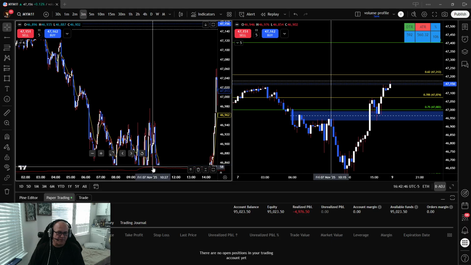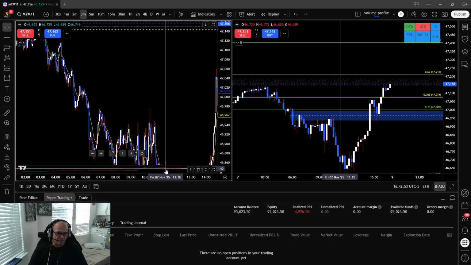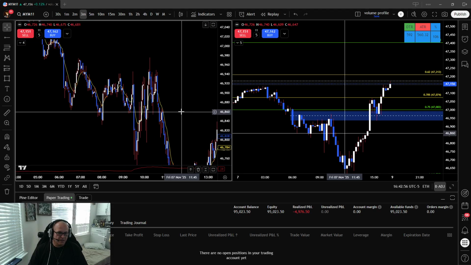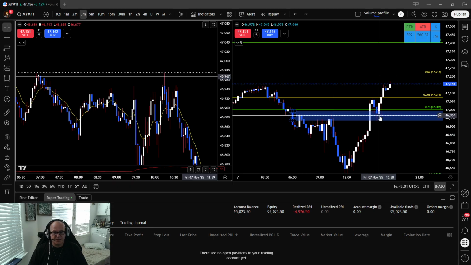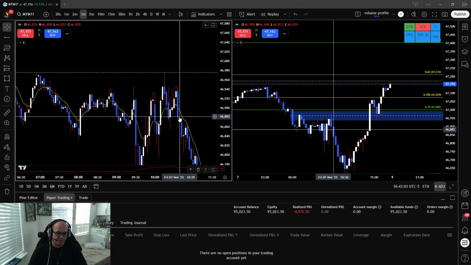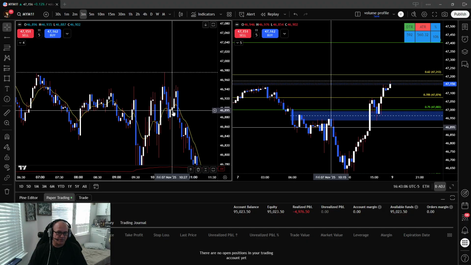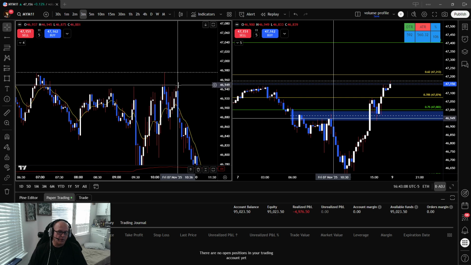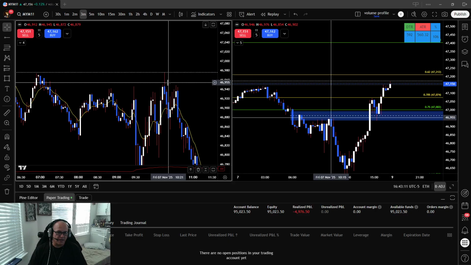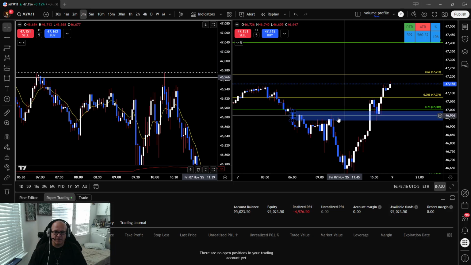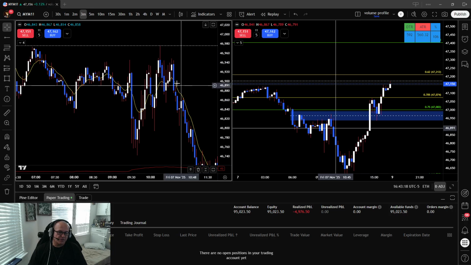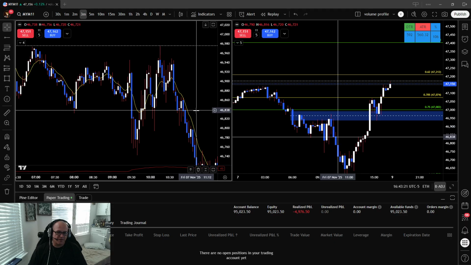Around that time, we've pretty much hit the max volume of the day, and ATR is going to start falling off a little bit. So at 10:30, I know I want to be going short. And 10:30 is right around this area right here where we come up and we make a lower high from sweeping this high and pushing back into the fair value gap. So price starts falling.